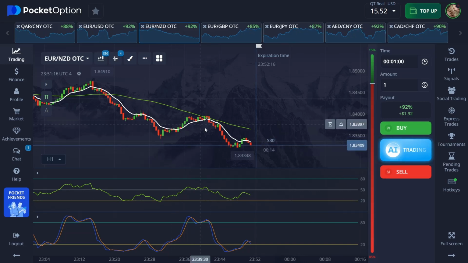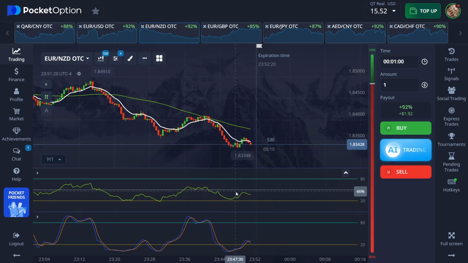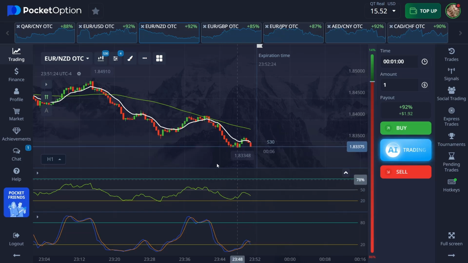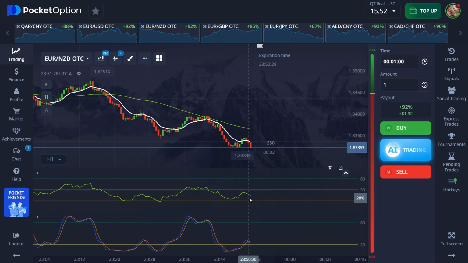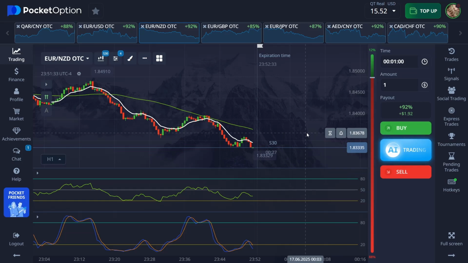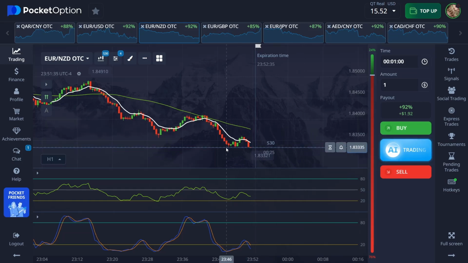Look at the RSI. The RSI is below the 50 level. It's basically closer to the level at the bottom than to the one at the top. What that tells you is price is still in a downtrend.